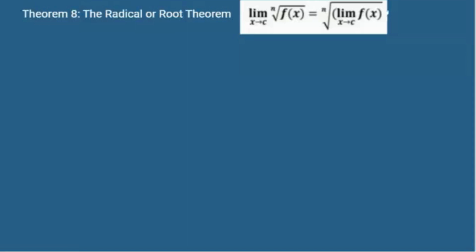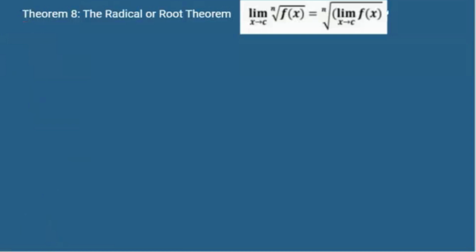So if our index n is an even number, we'll get a positive answer. If our index n is an odd number, we might get a negative answer.